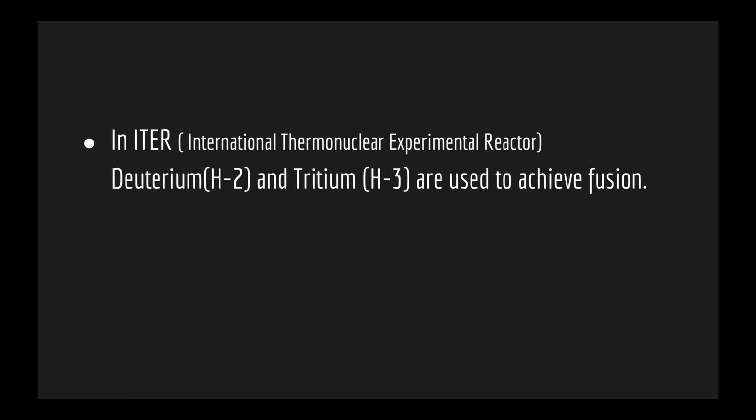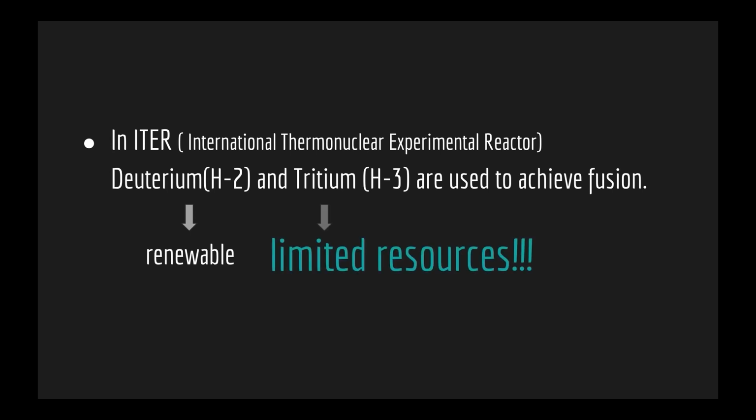It is worth noting that while deuterium is a renewable resource, being found readily in seawater, tritium is a limited resource. ITER estimates the supply of available tritium globally is around 20 kilograms.